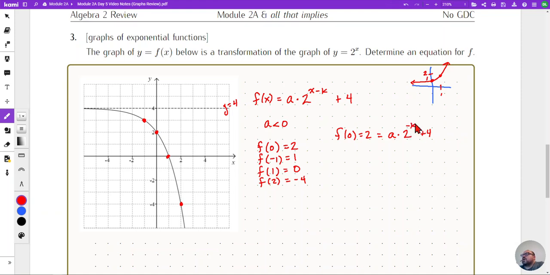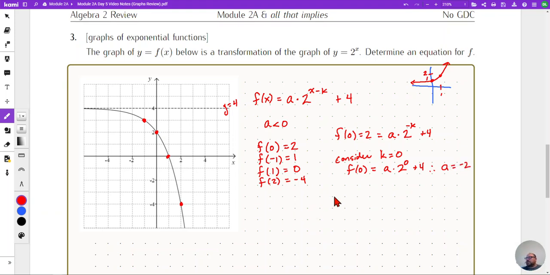Maybe we don't have a k value, and in fact, if that k value is 0, then we might have a value for a. So let us consider that there is no horizontal translation. So let's consider k is 0. If k is 0, then f of 0 is going to be equal to a times 2 to the 0 plus 4, and that would imply that a is -2.